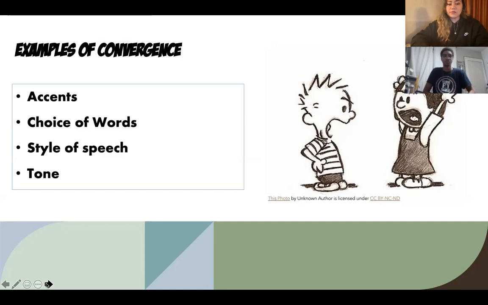Style of speech would be referred to as slang. Then tone is an example of convergence because when in a conversation with a group, you wouldn't use a certain tone that you would anywhere else.